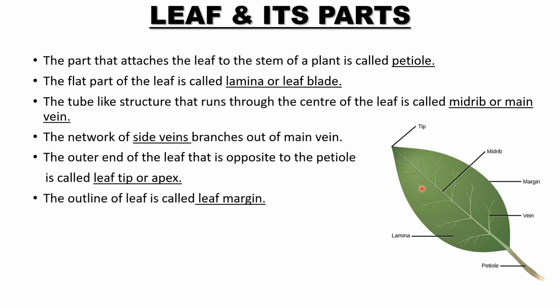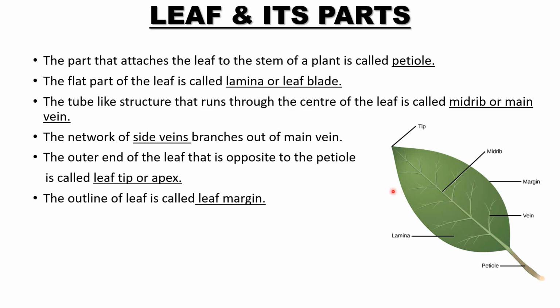And then is the midrib. Midrib means the main vein which is running from the petiole to the tip of the leaf. So this forms the network of veins on the whole lamina of the leaf. You can see it clearly. The side veins are arising and they are forming the network pattern.